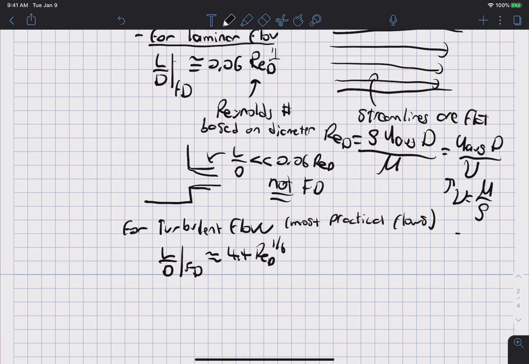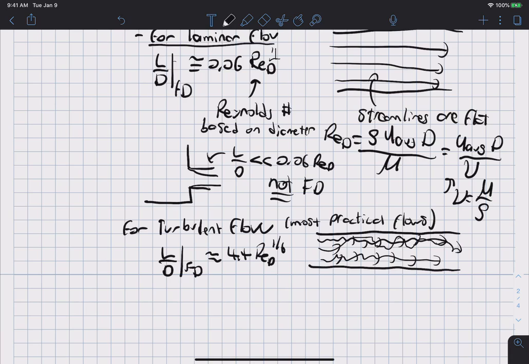And now for turbulent flow, and we're going to discuss this in a bit more detail in a subsequent lecture, these streamlines are no longer flat lines. What they look like are little wiggly, chaotic lines, and they sometimes cross each other, and they're going all over the place.